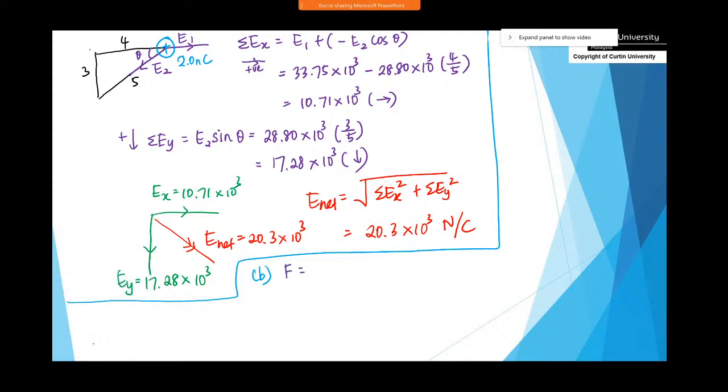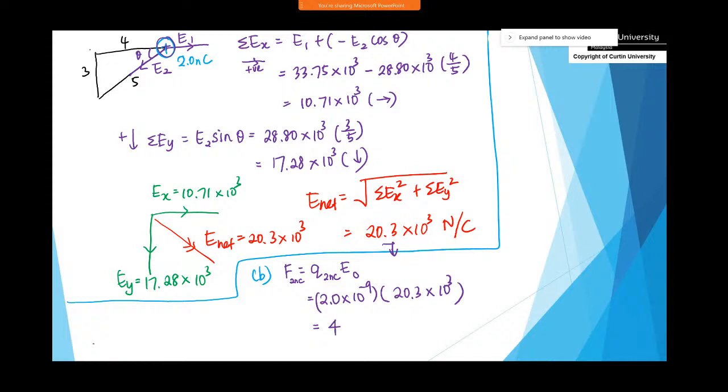Force experienced by 2 nanocoulomb is equals to charge in the 2 nanocoulombs times the electric field experienced by this 2 nanocoulomb, which is actually equals to electric field at point O. So 2 nanocoulombs times the net field just now, which is equals to 20.3 times 10 to the power of 3.